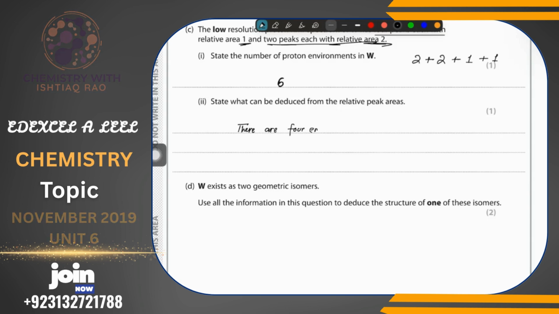There are four environments, each having a single proton.